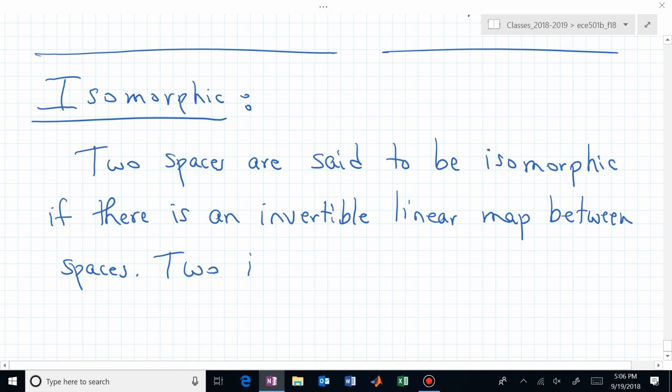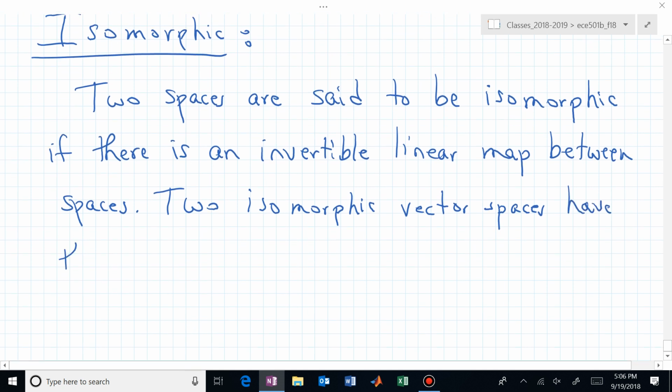Two isomorphic vector spaces have the same properties.